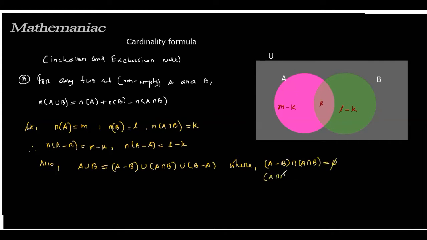Similarly, the intersection of A intersection B and B minus A is also phi. Rather, all these three sets have nothing in common. So if somebody asks you the total number of elements in A union B, it is nothing but the total number of elements in these three sets collectively. Simply, you have to add the number of elements belonging to each of these sets.